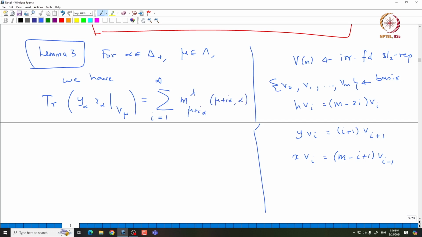So, this is how the trace of Y alpha X alpha looks like when you restrict this operator on V mu.